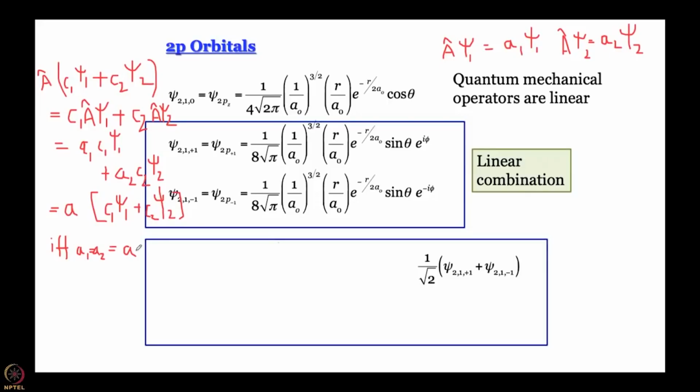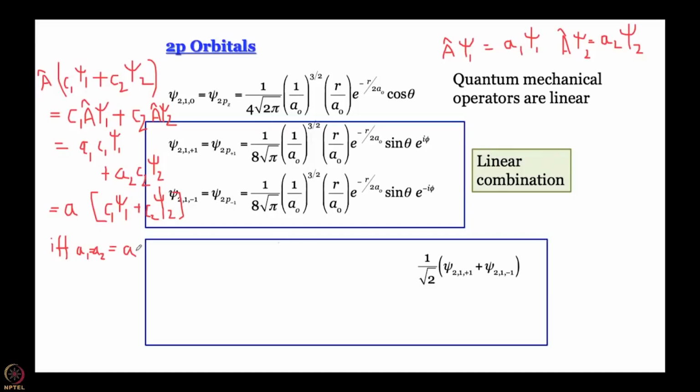The first linear combination we take is 1 by root 2 multiplied by psi 2 1 plus 1 plus psi 2 1 minus 1. You just add them, what do we get? 1 by 8 root pi, 1 by a0 to the power 3 by 2, r by a0 e to the power minus r by 2 a0. The radial part and the constant part is the same, that is why energy is same.